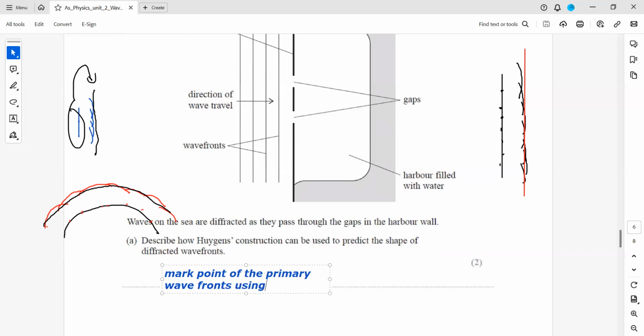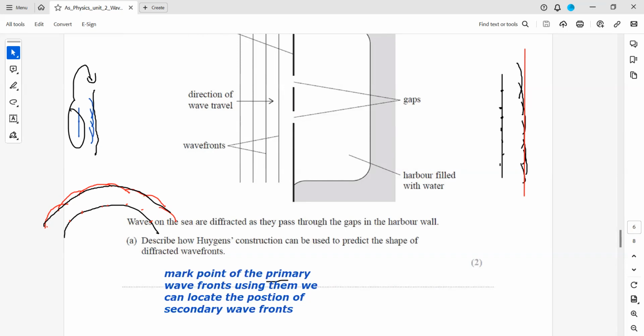So using them, we can locate the position of the secondary wavefronts. Is it clear?